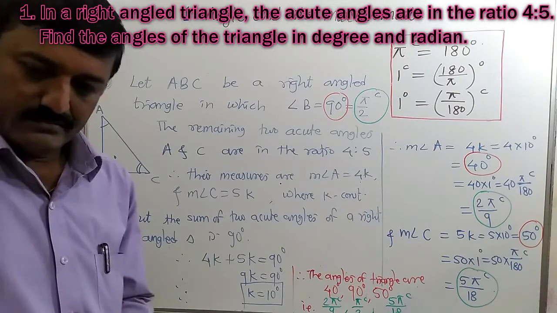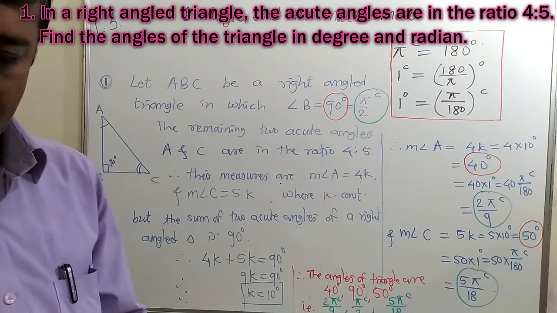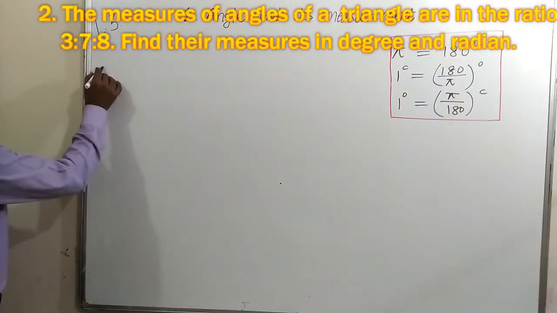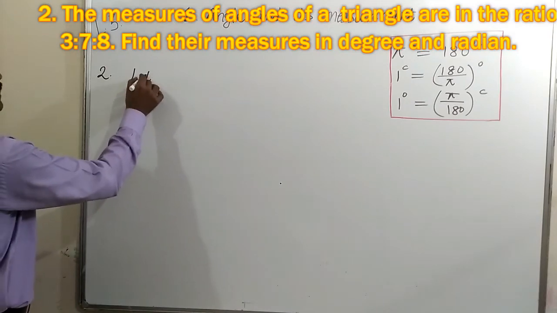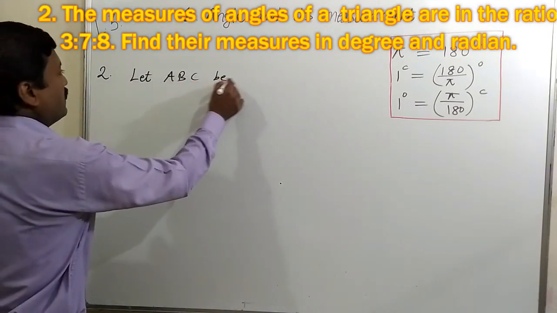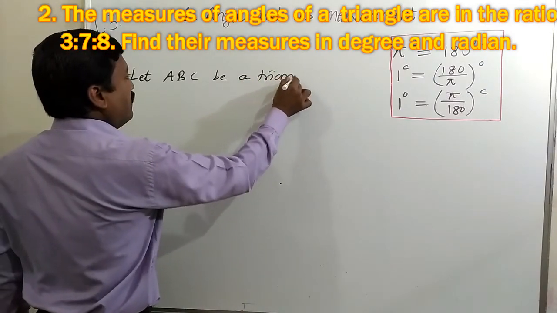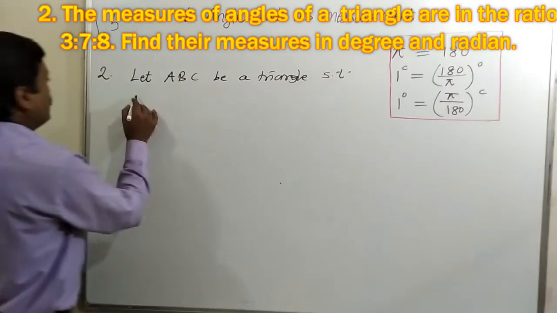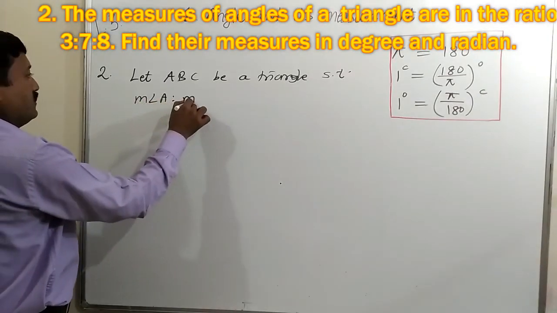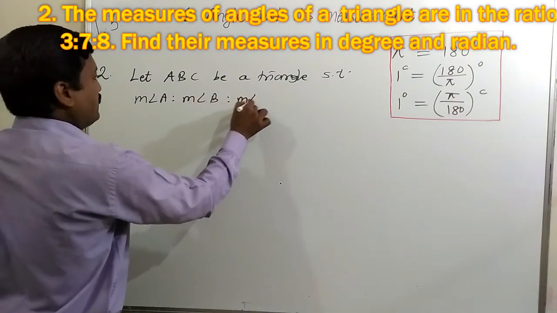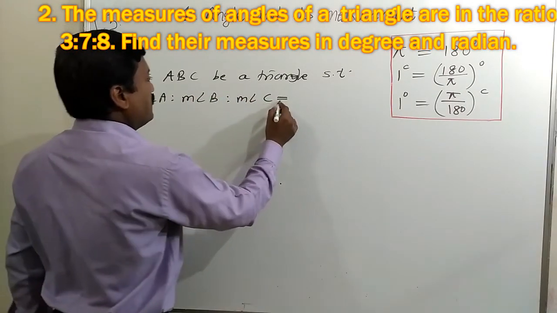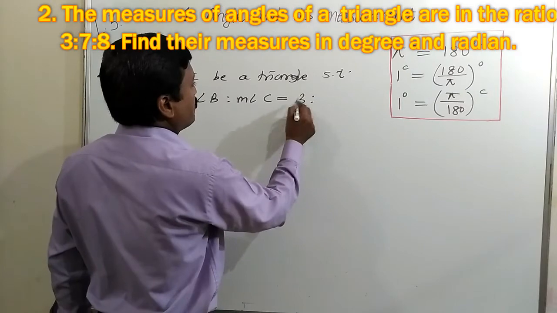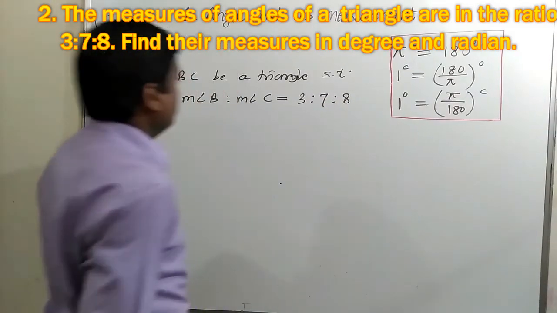Okay, let us see example number 2. In the second example, let ABC be a triangle such that the measure of angle A to the measure of angle B to the measure of angle C is equal to 3 is to 7 is to 8.